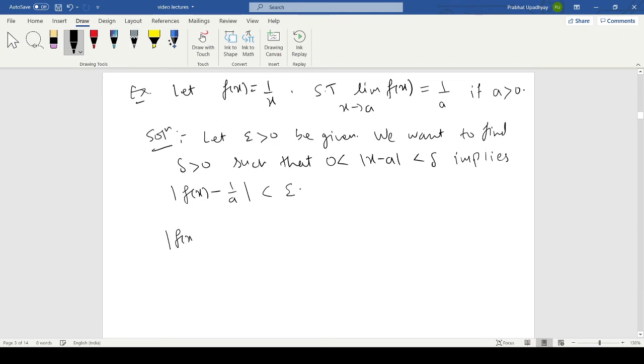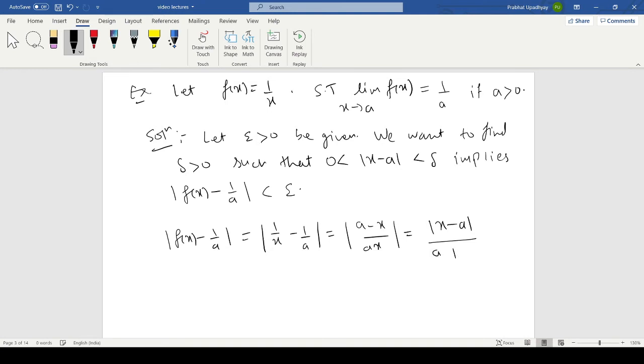Now |f(x) − 1/a| is equal to |1/x − 1/a|, and if I make the denominator the same, it is |a − x| upon |a x|. This I can write as |x − a| upon |a| times |x|. Since a is positive, I can write |a| as a.